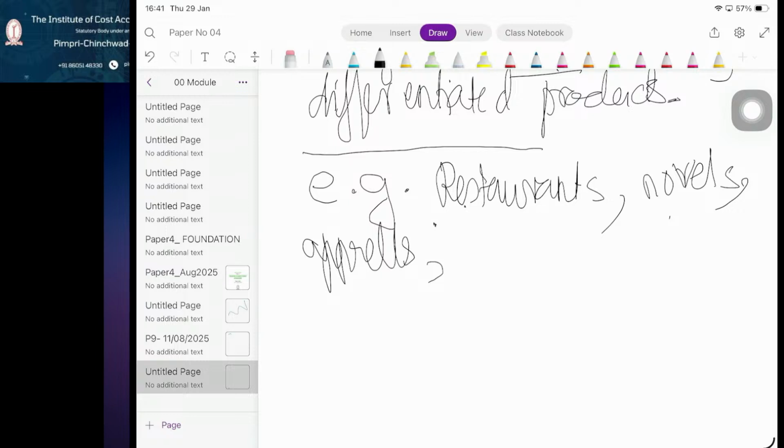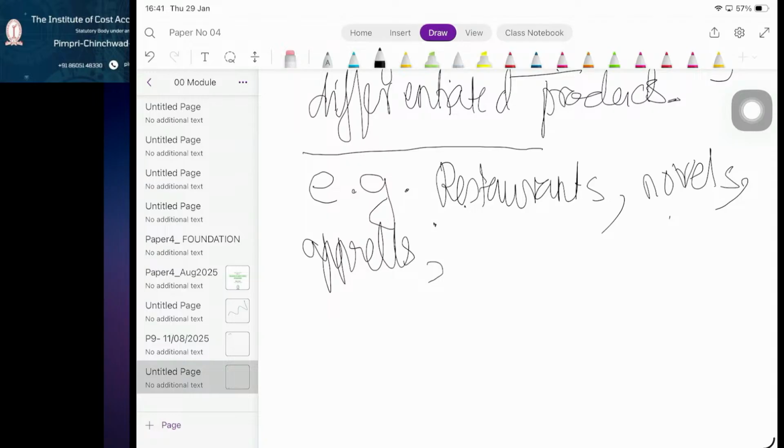And everybody is differentiating their products. But if you are in Pune, what is so special about Chitale products? They have specialized food like Bakarwadi.